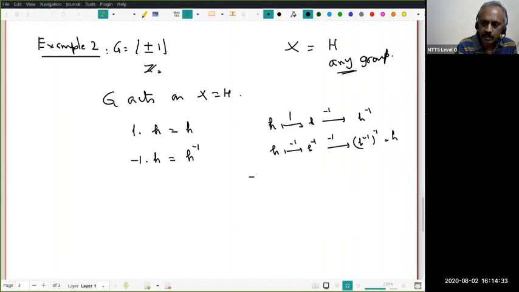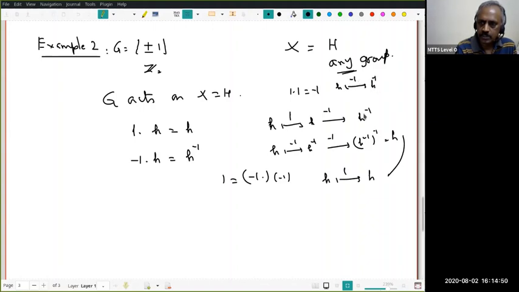But -1 times -1 is 1. Therefore, h under 1 will also go to h. Therefore, this is correct. And here 1 times -1 will be -1. Therefore, h under -1 will go to h inverse. Therefore, it's correct. Are you following?